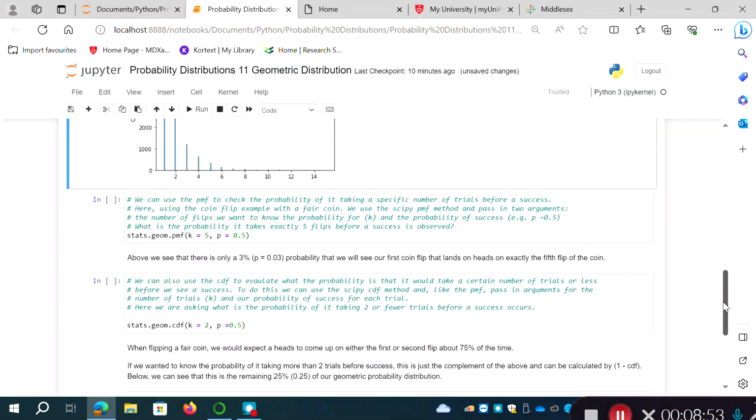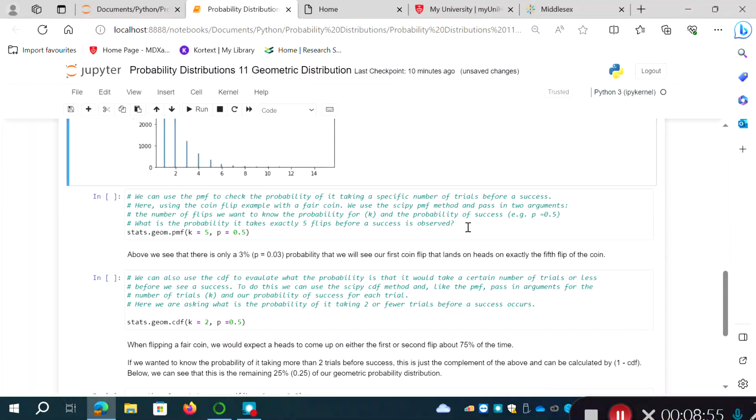So given that, if we wanted to know specific probabilities for given values, we can use the PMF to check the probability if it takes a specific number of trials before we see a success. So here, if we stick with the coin flip example with a fair coin, so a probability of success of 0.5, it's as likely to come up heads as tails.